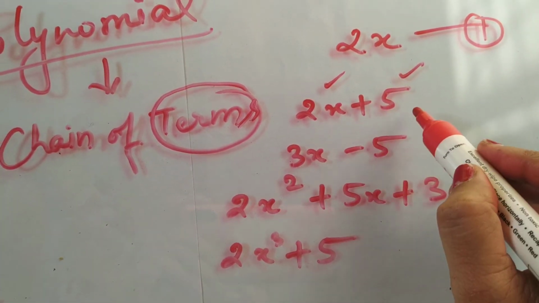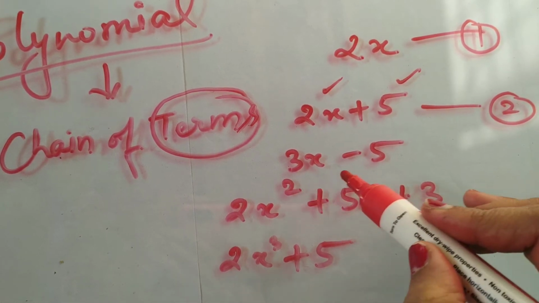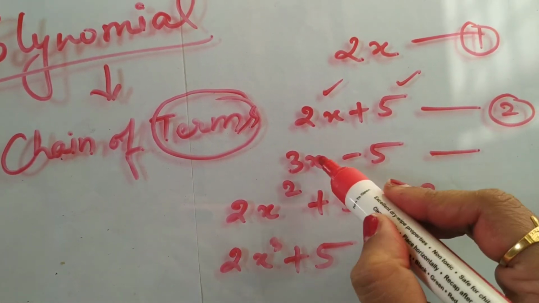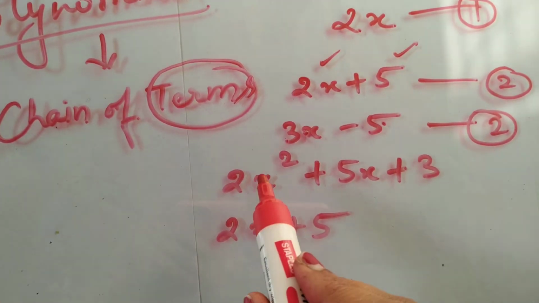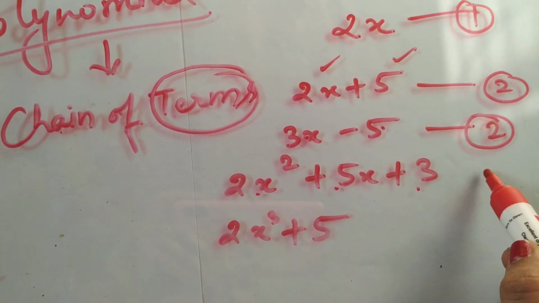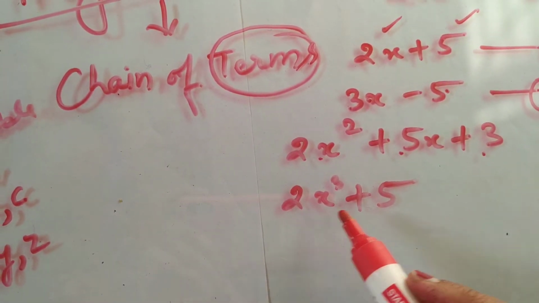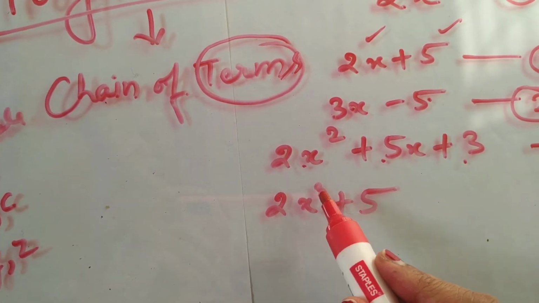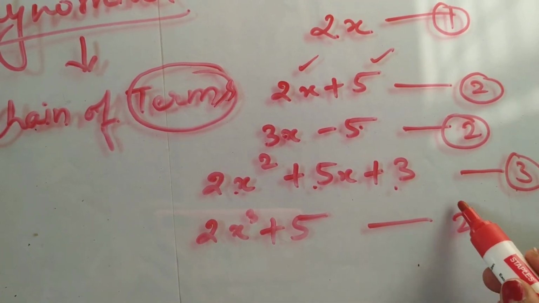If we write 2x plus 5, that means two terms are here. If we write 3x minus 5, 1 and 2, so two terms are here. 1, 2, 3, three terms are here. 1, 2, x cubed, that means two terms are here.